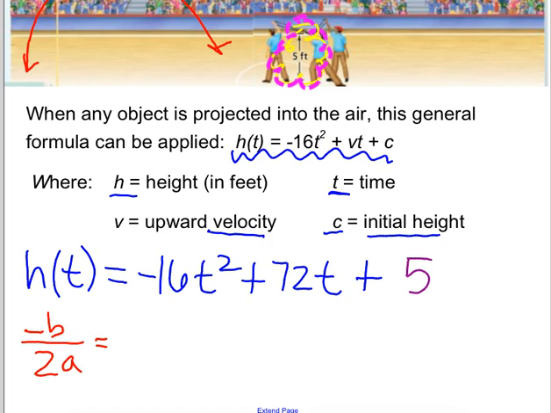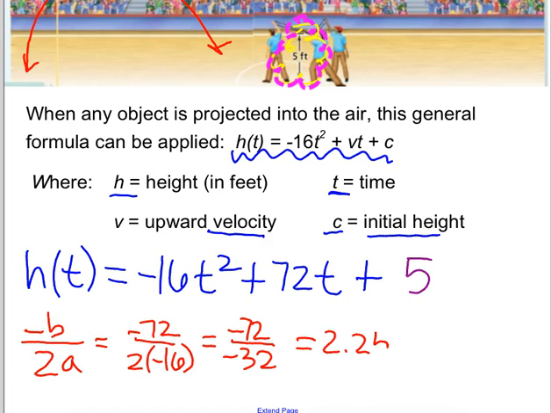Negative b would be negative 72 over 2 times negative 16. Are you with me? Now I'm just simplifying negative 72 over negative 32, and then just dividing that out, I get 2.25 seconds. So this just tells me I'll reach my maximum height at 2.25 seconds.